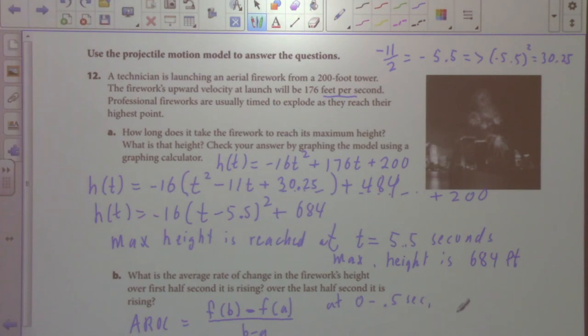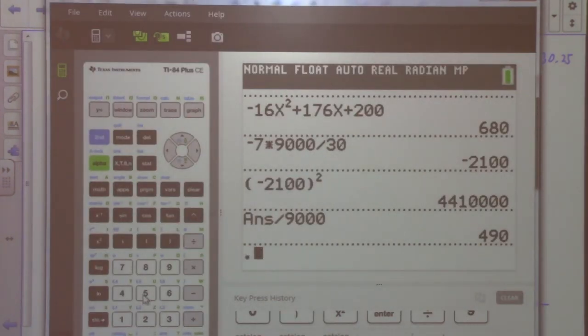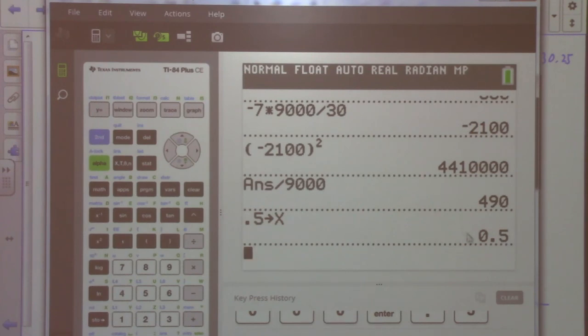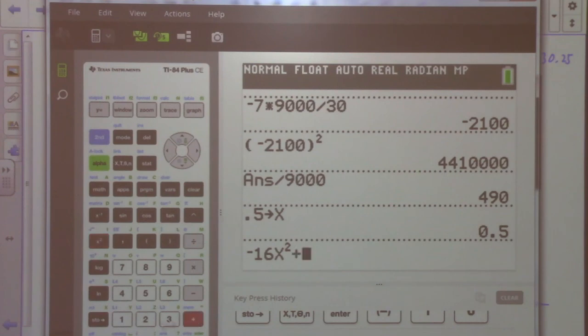What we have is f of B, we don't know yet, but what's f of A? What's the initial height? 200, right? So we can go to our calculator and find out at 0.5 seconds, store 0.5 in x, and just type that in. So we have negative 16t squared plus 176t plus 200, right?